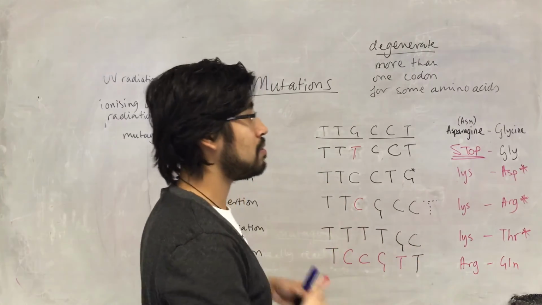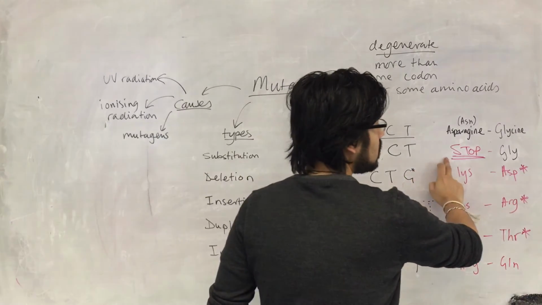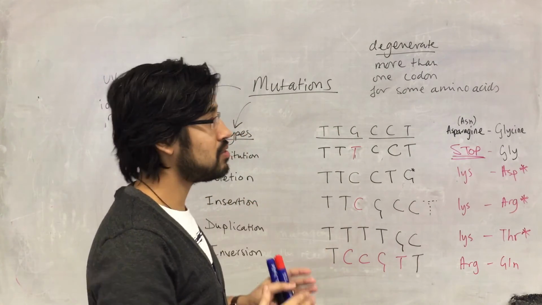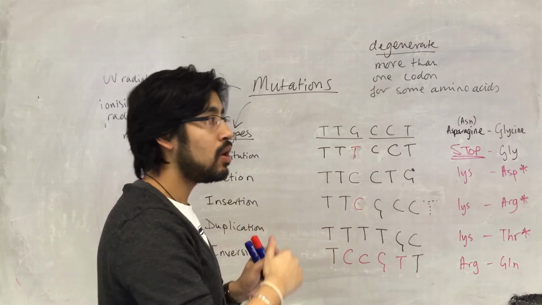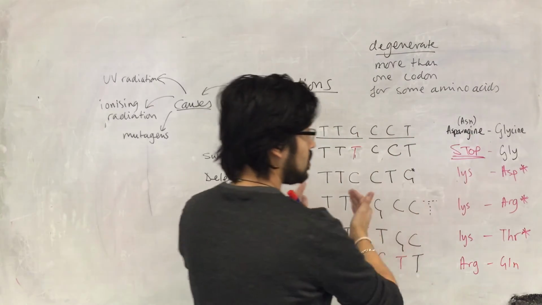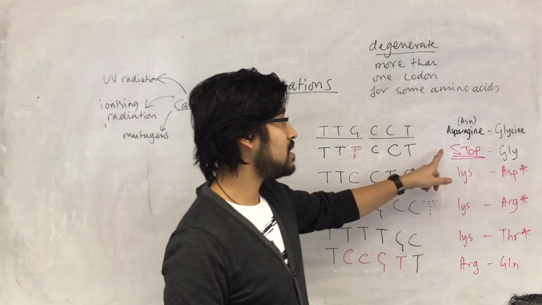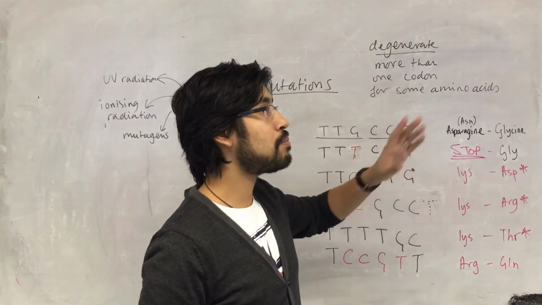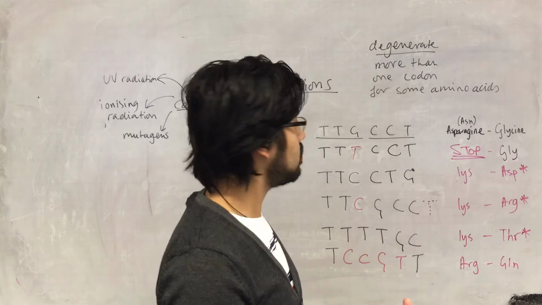It might not be early, it could be so late that it doesn't really make a difference. But introducing a stop codon could have a dramatic effect because it means that there's a whole polypeptide sequence that's not being added onto the protein after this point. So it probably does depend on where that mutation comes in the coding sequence, but this is quite a bit more impactful than just changing an amino acid for something else.